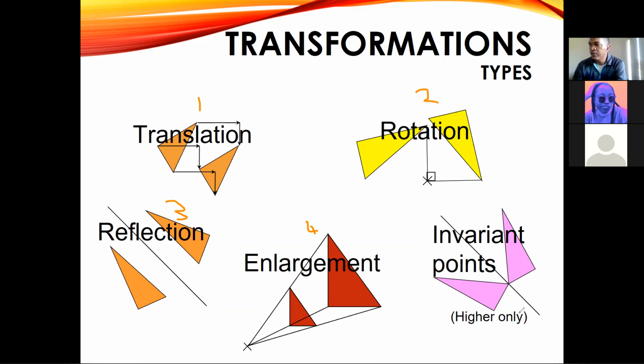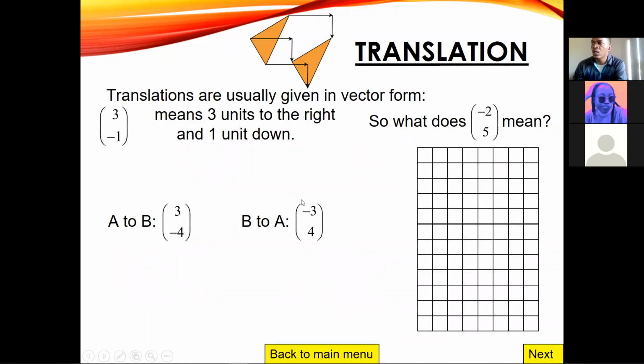It's higher level, but we will talk about them a little bit because invariant points have something to do with our line of symmetry. So when we look at the line of symmetry later on, invariant points might come into play as well. For future aspects, it's important to talk about it. So line of symmetry also comes in here, and we have to focus on that again. That will probably be the last one that we focus on. So let us proceed.